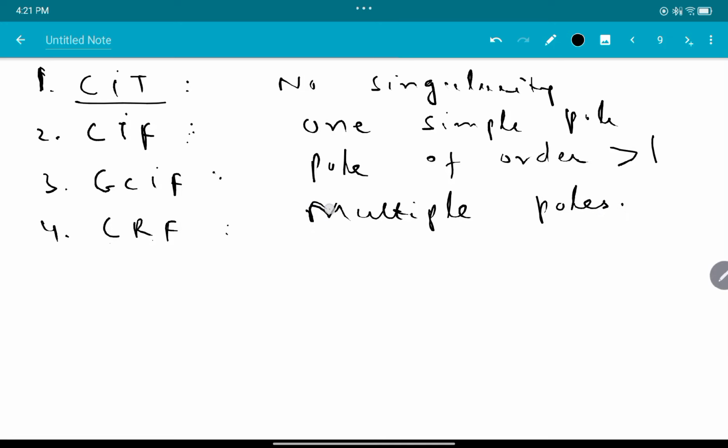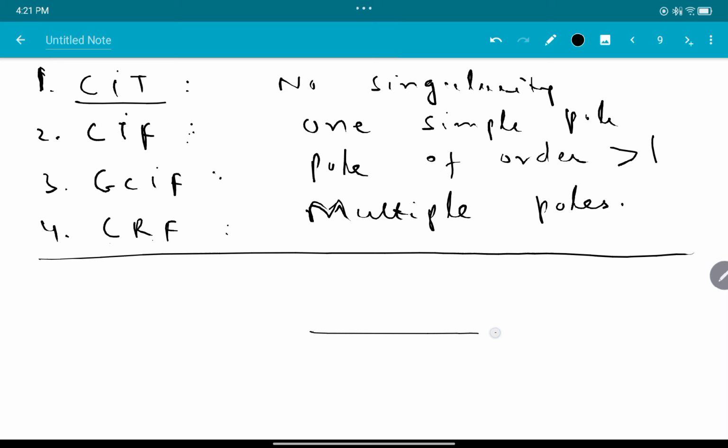There is something more beyond this, that is Cauchy's principal value theorem. That is a very interesting way of handling integrals with singularities. Suppose there is a singularity somewhere here, let it be at z equal to a.